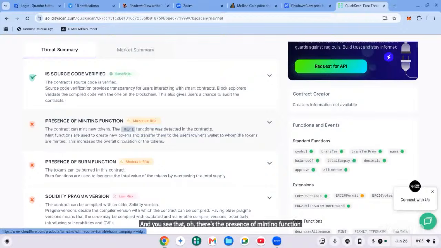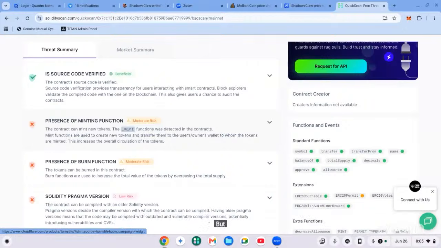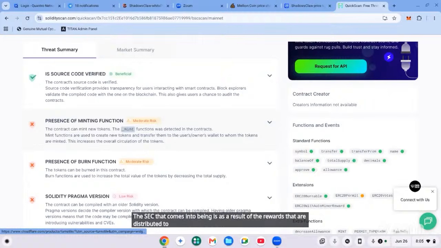It means that in the near future they can come back and mint more tokens, or their smart contract has the ability to produce more tokens. And for that matter, this becomes a problem. But in our case, the SAC that comes into being is a result of the rewards that are distributed to people on a 12 hour basis.